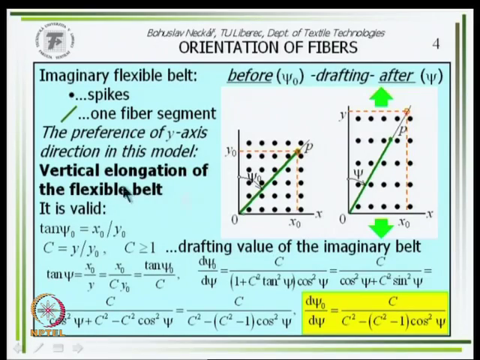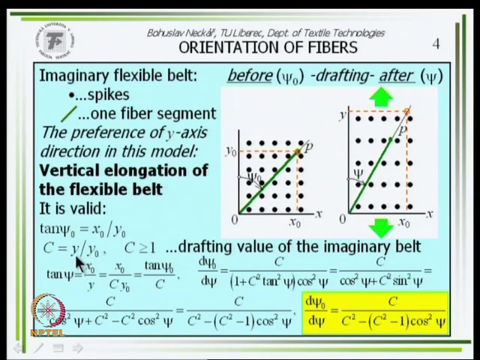If it is equal to 1, then it is without elongation. The higher it is, the higher the elongation. Now from the picture we see that the tangent of angle psi is here, must be x0 by y.